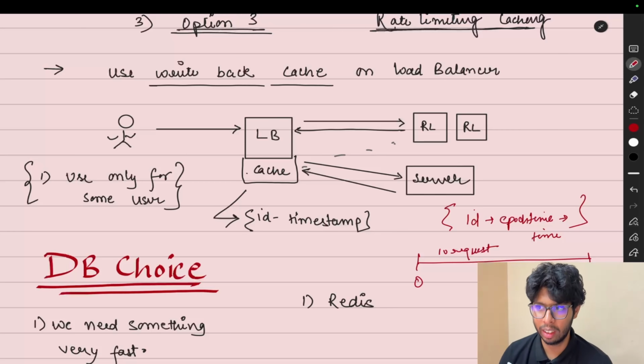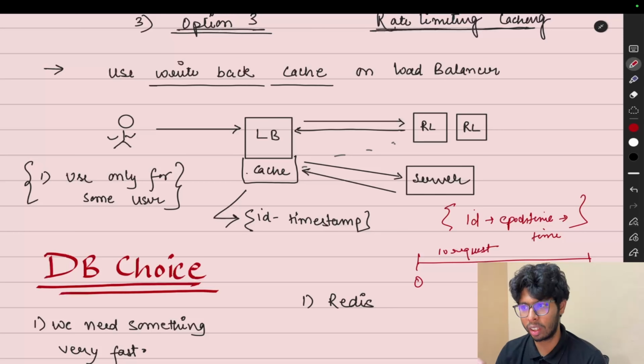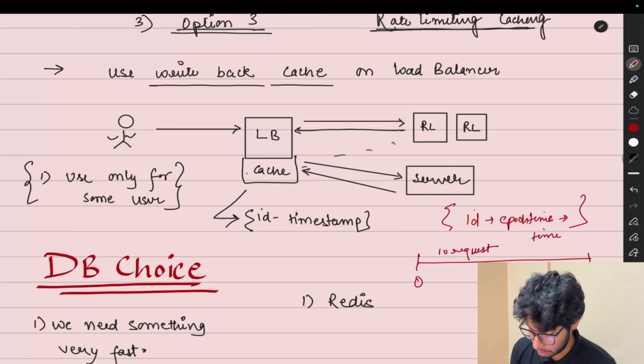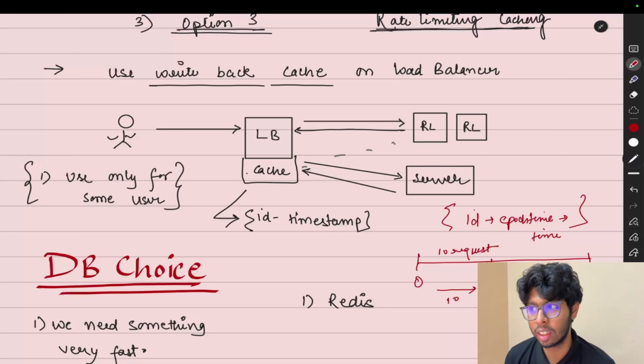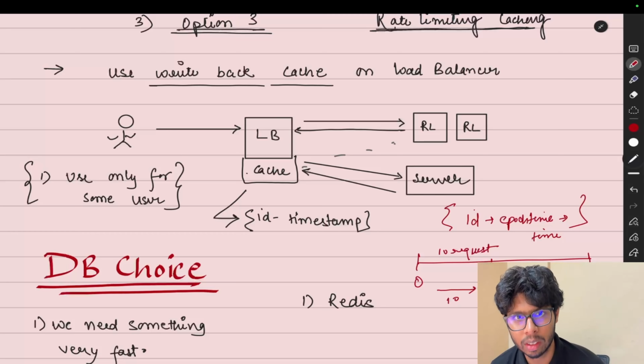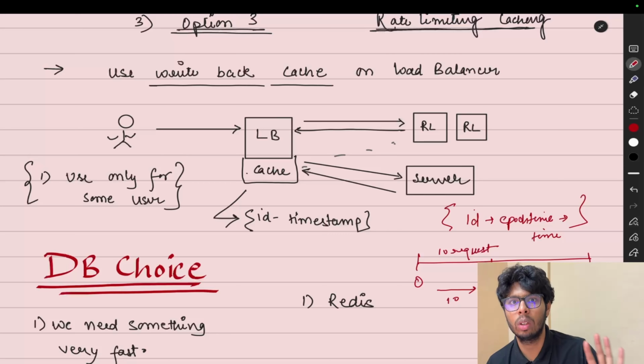And after that, the rate limiter is going to tell our cache, it is just going to put a timestamp. See, now we are at the 40th second. This user sent us up to 10 requests. Still 20 seconds are left, and maybe there are chances that it will send more requests. So, load balancer, please help me out and say no to that user from the load balancer itself.